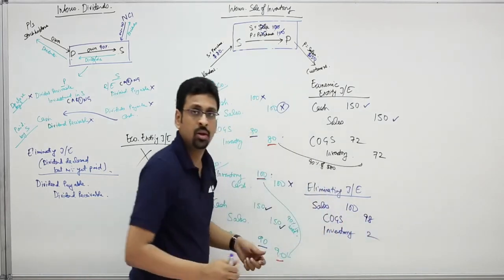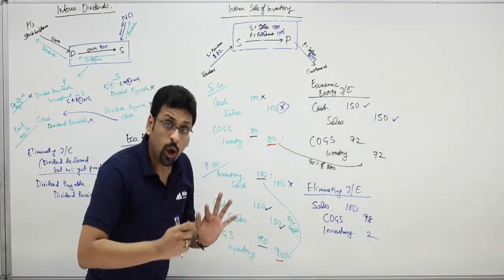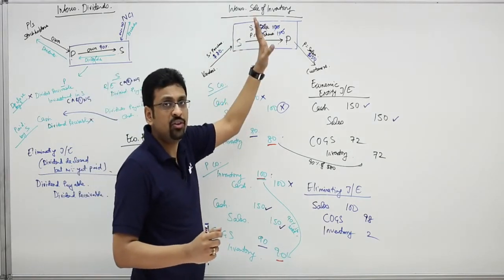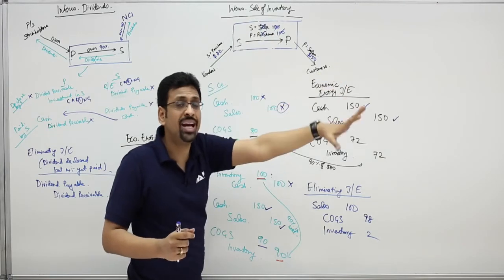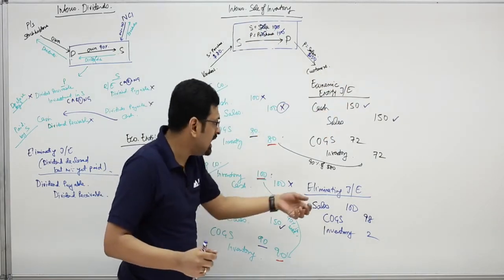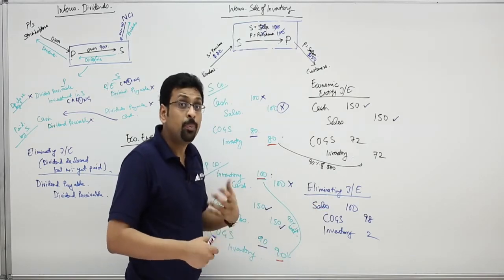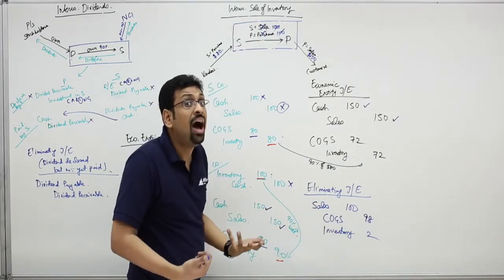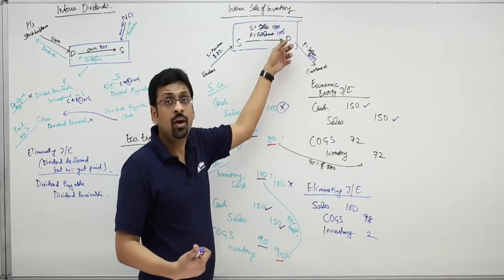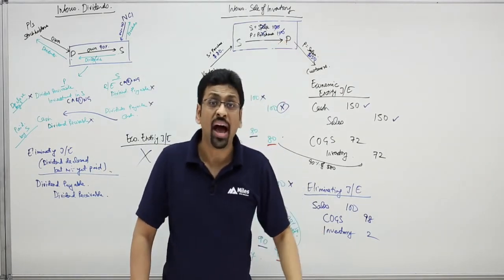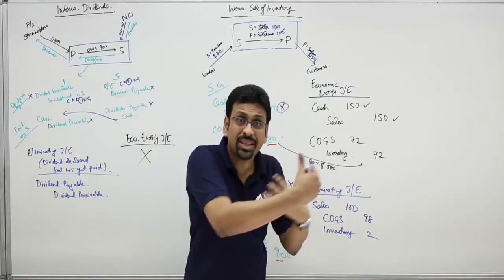eliminating journal entry. If you recall, if all the goods which have been sold in the intercompany sale of inventory have been sold to outsiders at the end of the year, the eliminating journal entry only had sales debit and COGS credit. The problem here is there was some unsold inventory and there was a profit in that inventory. We cannot have profit when we are selling inventory within the company.